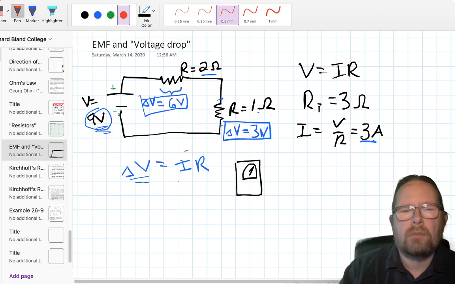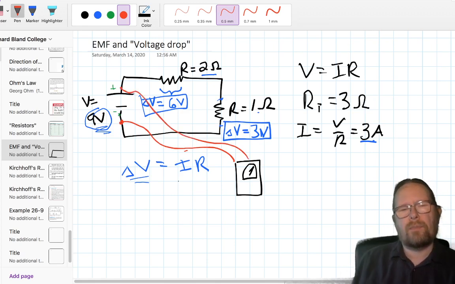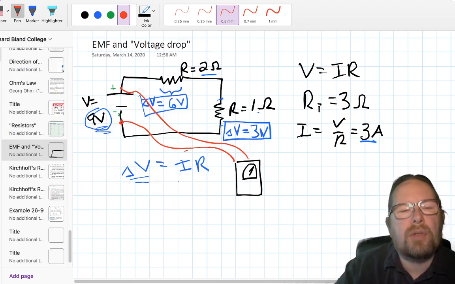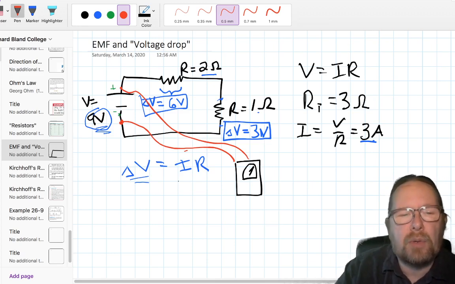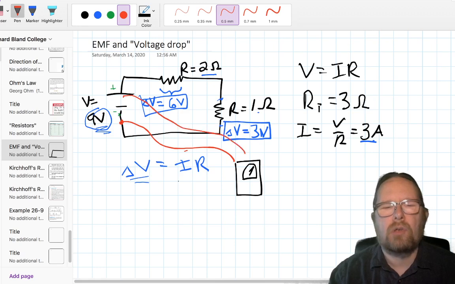If we connected the voltmeter here and here, what we would measure is the potential difference between those 2 points in the circuit, which has a battery in between them. So the voltmeter would read 9 volts, which is the potential difference of that battery. 9 volts.